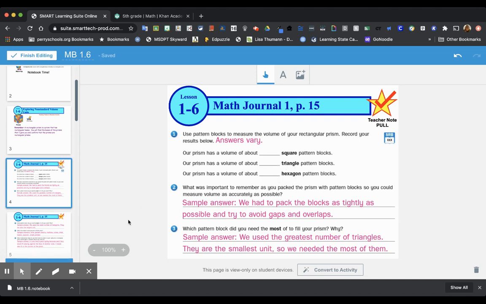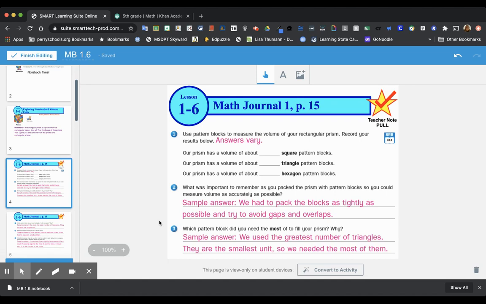Because when we're thinking about a rectangular prism, we know that a rectangle has 4 sides, 4 angles. A triangle only has 3 and a hexagon has more than 4. So we know that the square fits those rectangular attributes, the same characteristics.